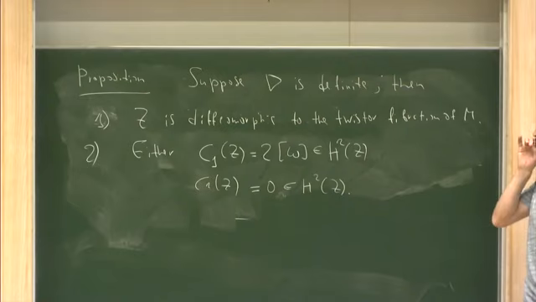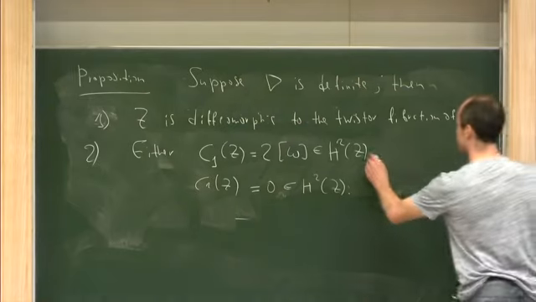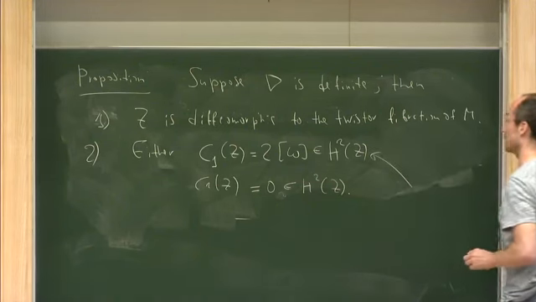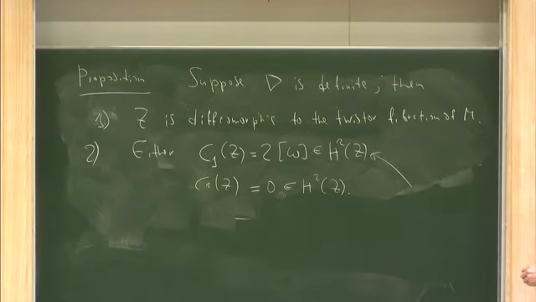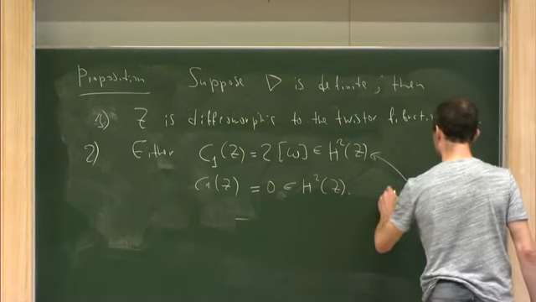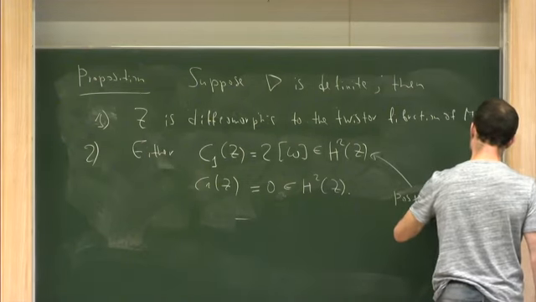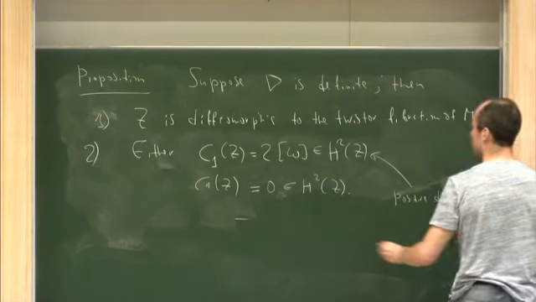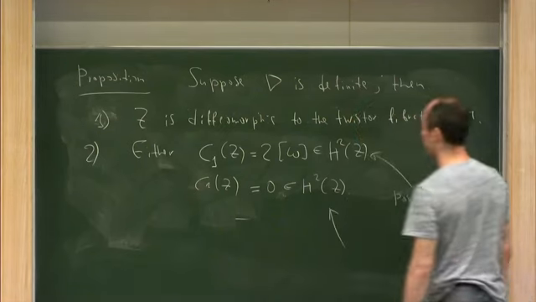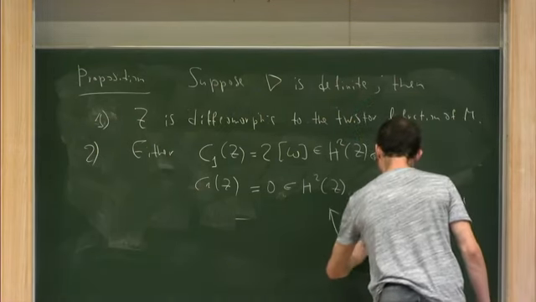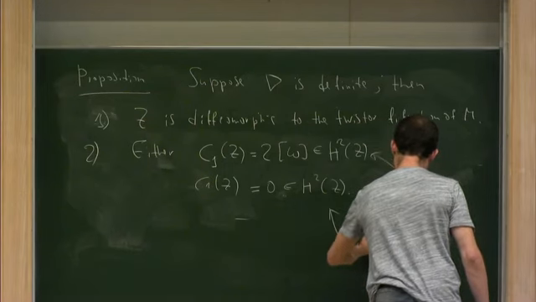In this case we call our connection positive definite, and this is negative definite.